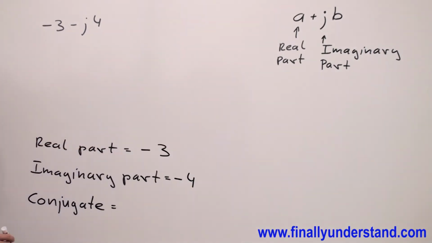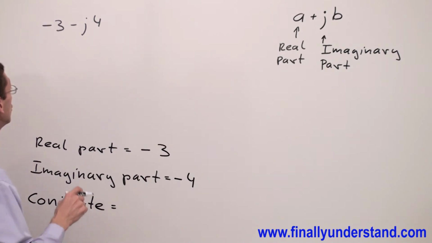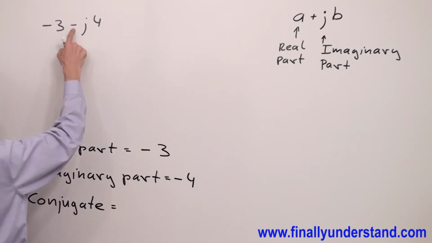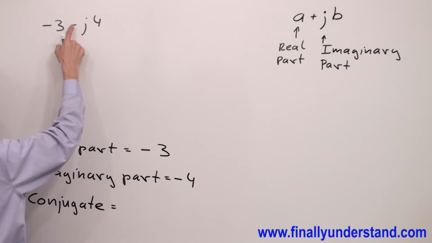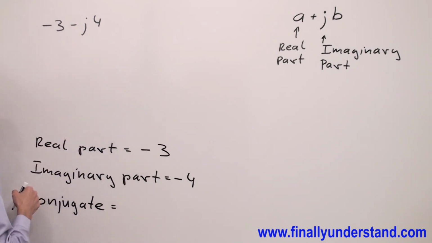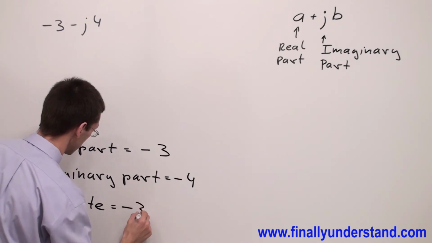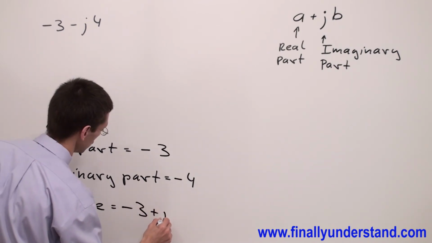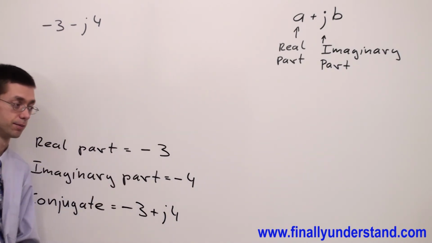And if you want to find the conjugate of the complex number, you're supposed to simply change the sign which is next to j to the opposite. So if I have a negative sign next to j, in order to find the conjugate, I have to change this to positive. That's why the conjugate is going to look like this: -3 plus j4. And these are the solutions to my problem.